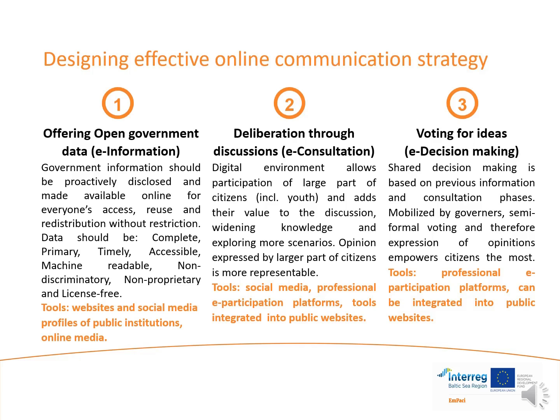Other online media, such as digital journals and newsletters, can also be used in this case. Access, reuse, and redistribution should be enabled. For e-consultation, more advanced tools might be used to enable a large number of citizens to actually contribute to the discussion and scenario building. These might include not only social media tools, but also professionally designed e-participation platforms and special tools embedded into public websites, such as polls and forums.